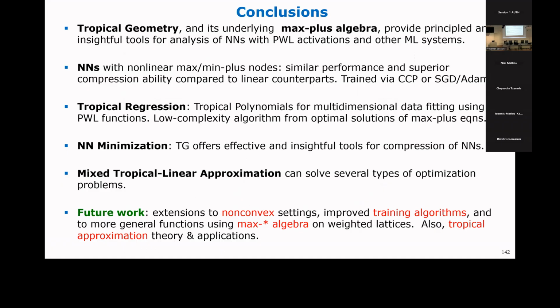In conclusion, the tropical geometry and its underlying max algebra provide principled and insightful tools to analyze neural nets with piecewise linear activations, as well as other machine learning systems.